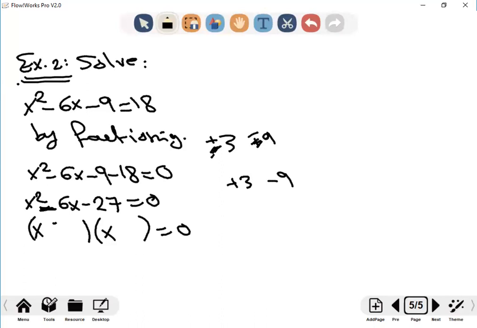Correct? Put them: positive 3 and negative 9. Okay?